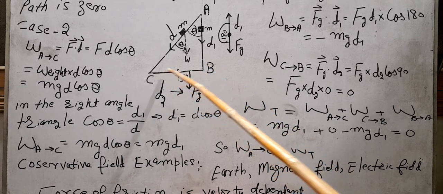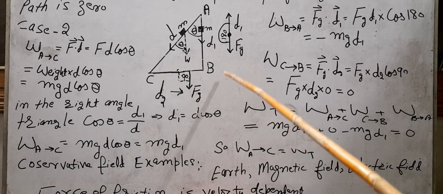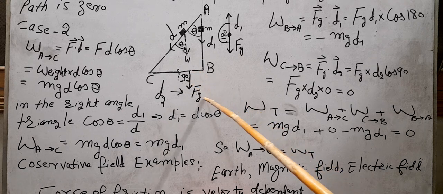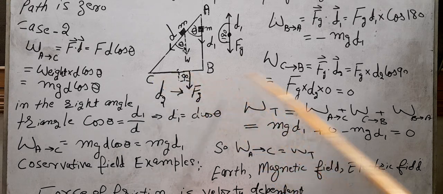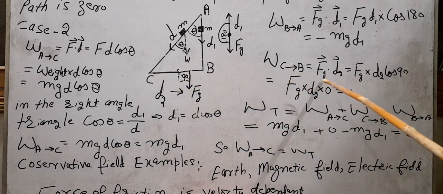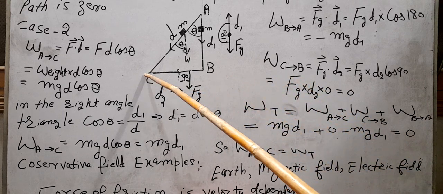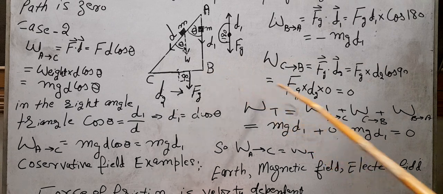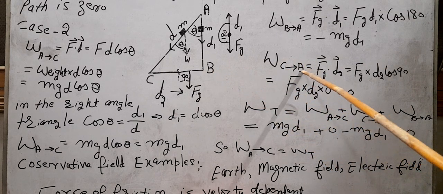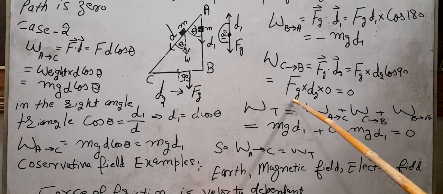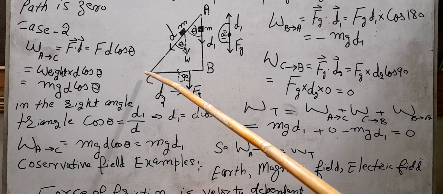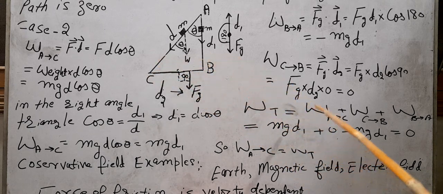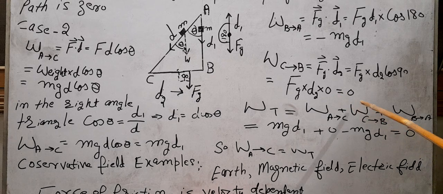We are calculating the work done by the force of gravity in moving the body from C to B. The displacement vector d2 is in the direction C to B, the angle is 90 degrees, and the work done by the force of gravity comes out 0. Students, it should be clear that the work done by the external agent in moving the body from C to B is not 0, but the work done by the force of gravity is equal to 0.